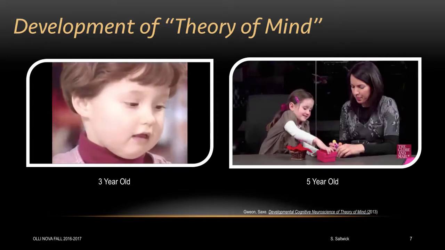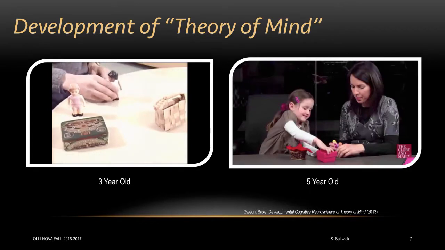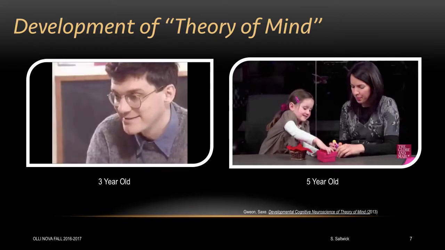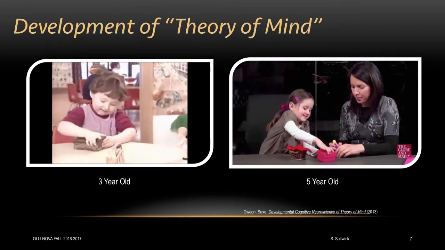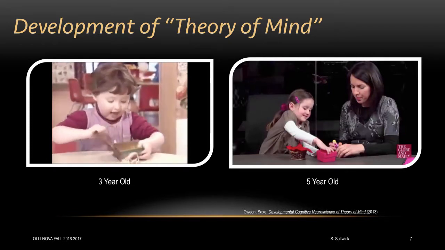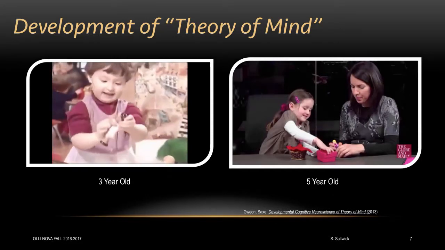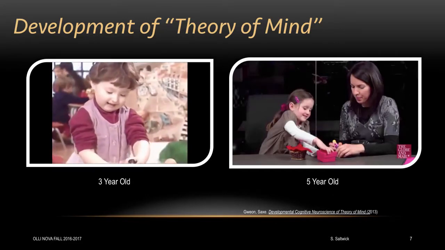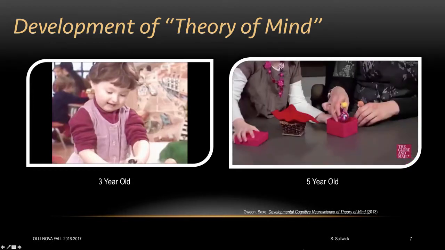Here comes Sally. Now, where will Sally look for the marble? There you go, Sally. You got it for her. Hooray! The ball in the box. Can you open the box for me? Can you close it?